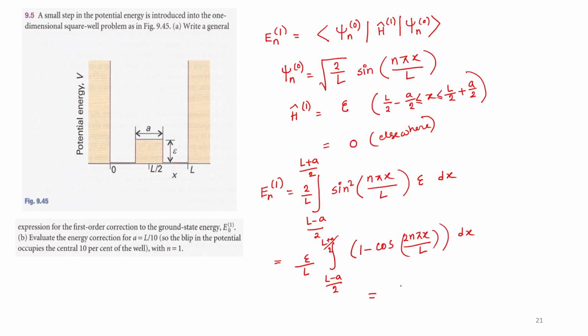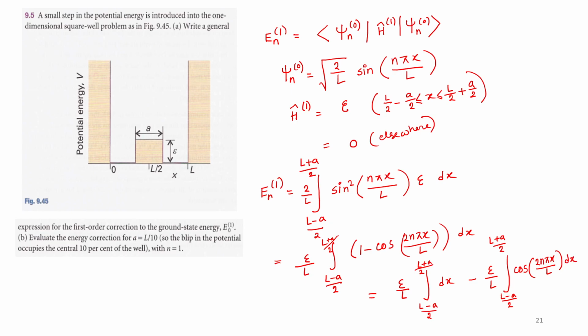So you have epsilon by L from L minus A by 2 to L plus A by 2 dx, minus epsilon by L from L minus A by 2 to L plus A by 2 cos 2n pi x by L dx.